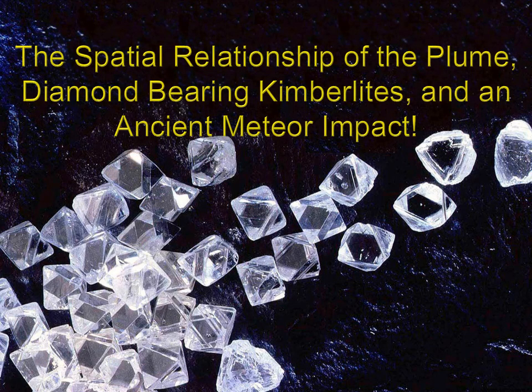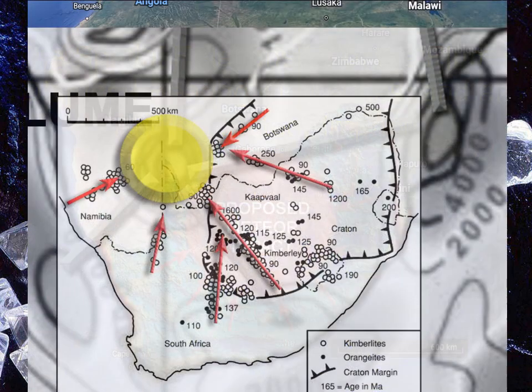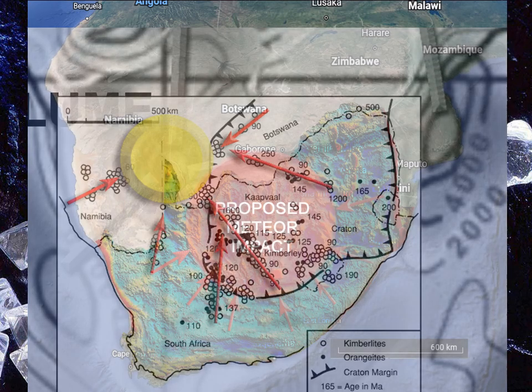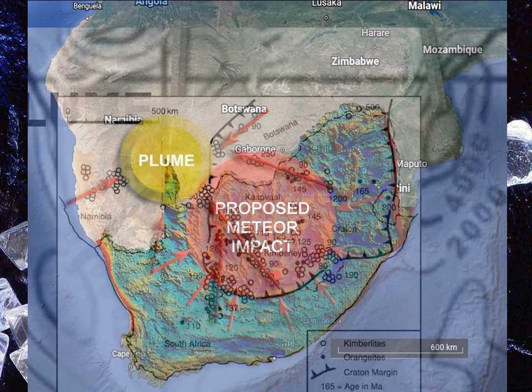The following movie shows the spatial relationship of the plume, the diamond-bearing kimberlites, and an ancient meteor impact. The first thing to observe is that the center of the plume is contiguous to the proposed meteor impact.